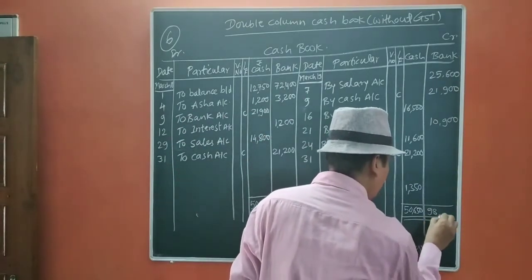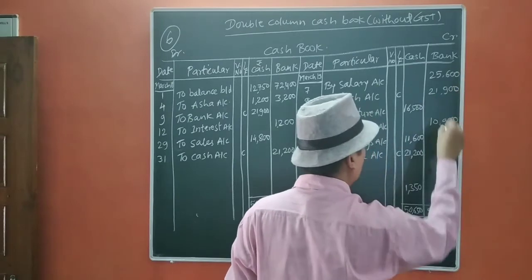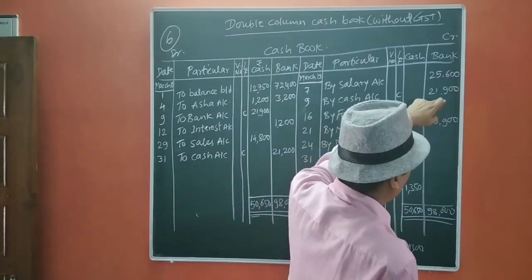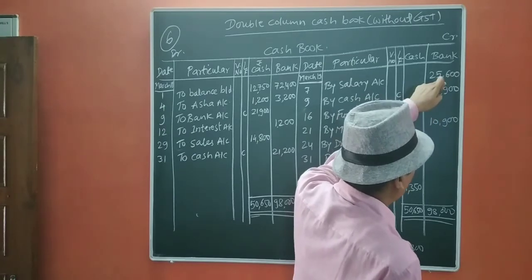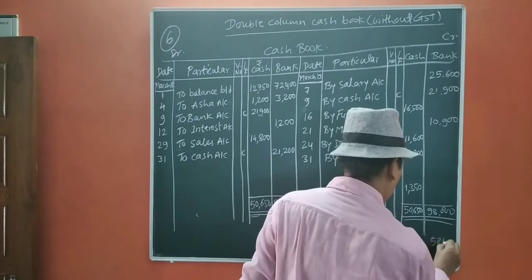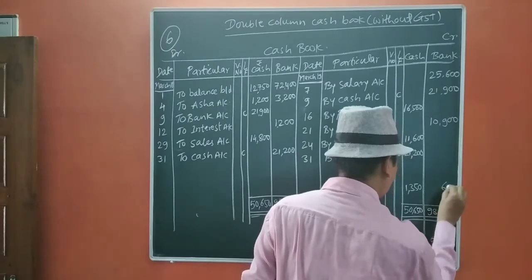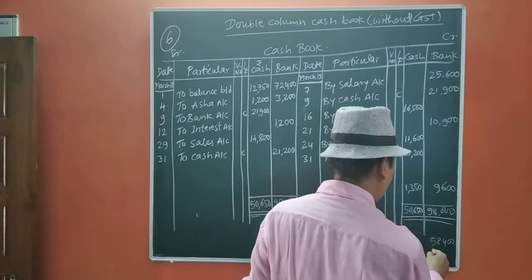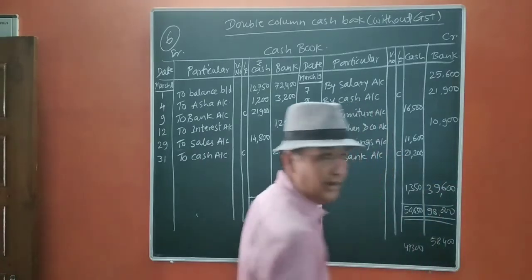Out of that, we are going to deduct the total of this side: 46, 56, 57,800, 58,400. So it is going to be 59,600 and 9, 68, 39,600.